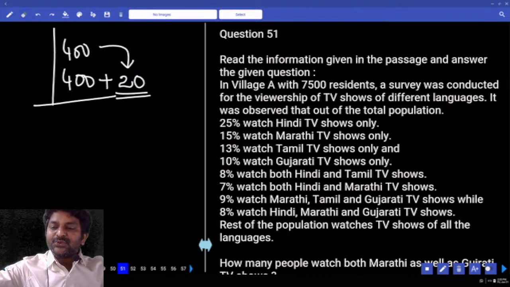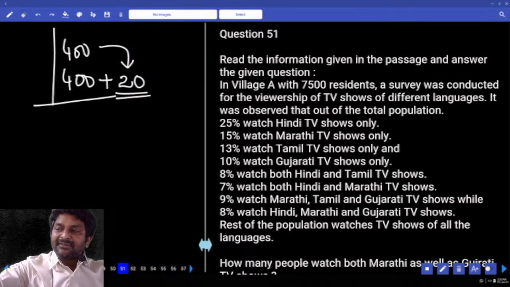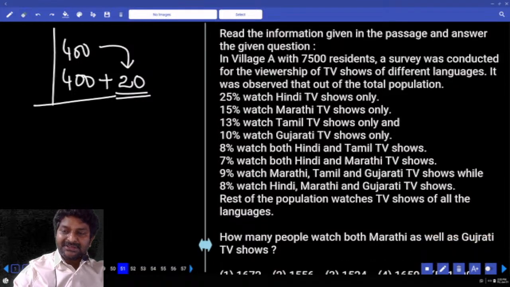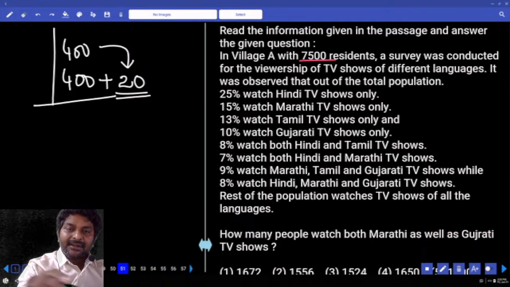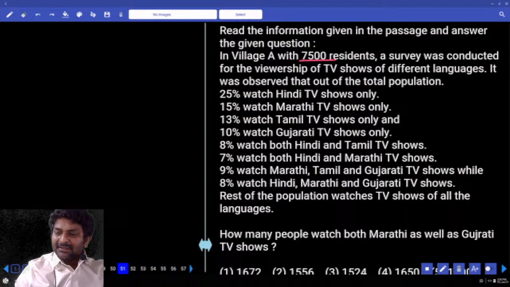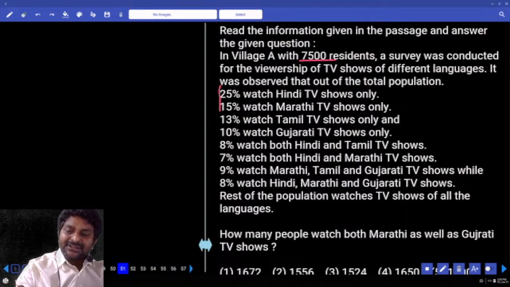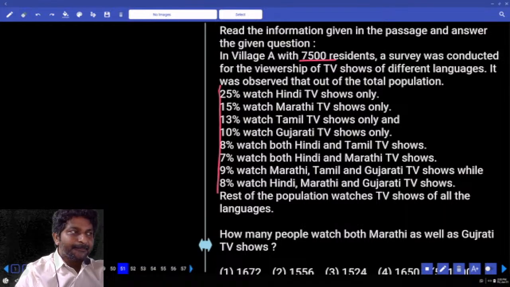Next, in a village with 7,500 residents, a survey was conducted for the viewership of TV shows of different languages. It was observed that out of the total population of 7,500, okay, right. Now, just observe the percentage values here. All are mentioned, right?